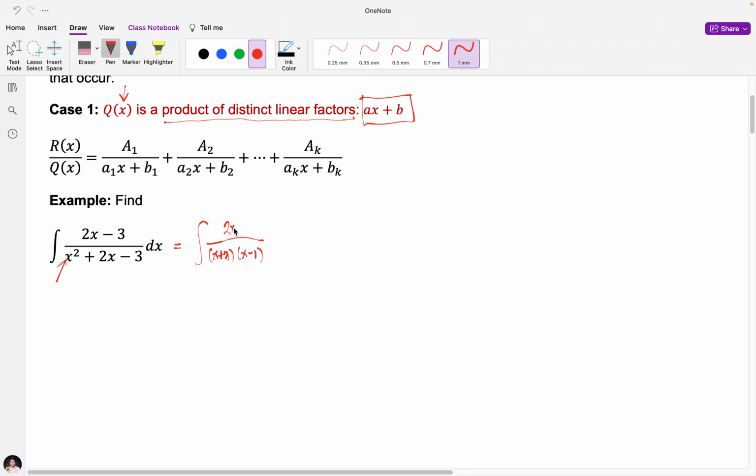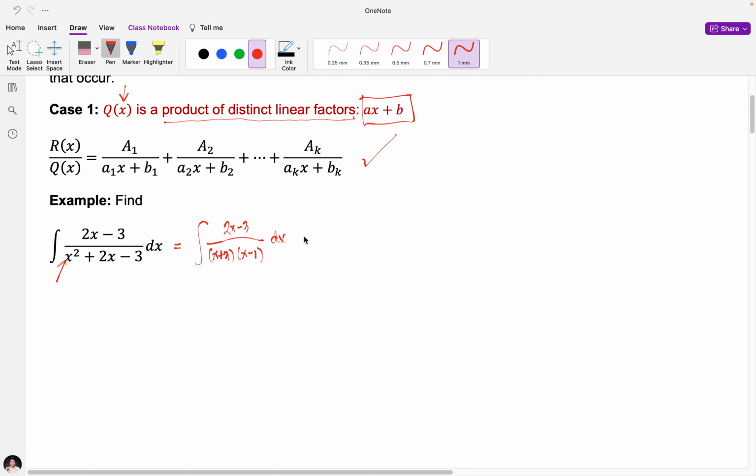Then we have 2x minus 3. So what we did was just factor the denominator. Observe that in our denominator, the factors are actually distinct linear factors. And if they are distinct, we can use this decomposition.